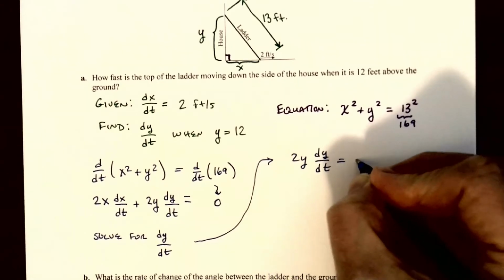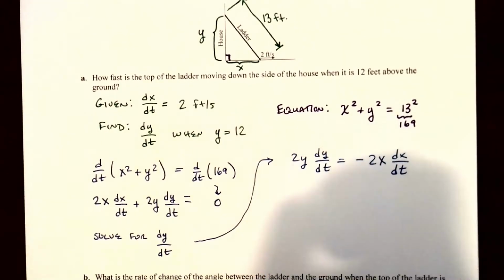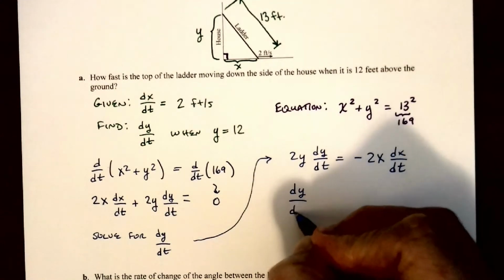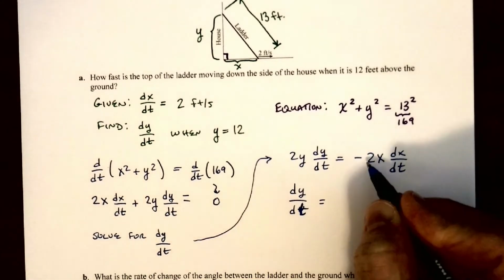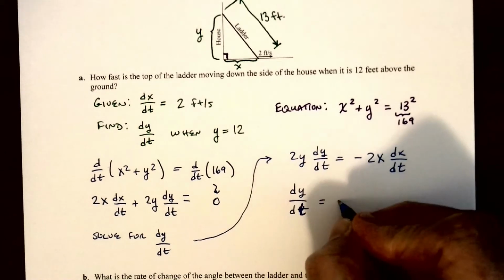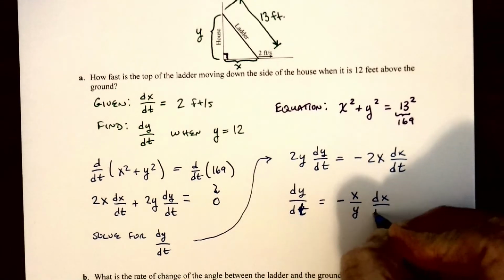So 0 minus that is negative 2x dx/dt. And I'm going to divide by 2y. And of course, 2 divided into negative 2 is negative 1, so I get negative x divided by y, dx/dt.